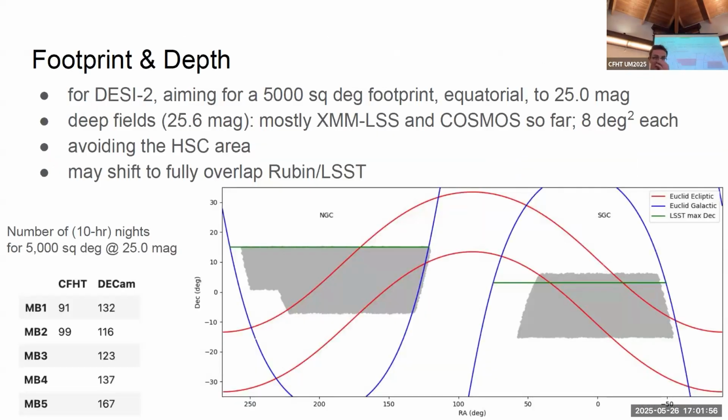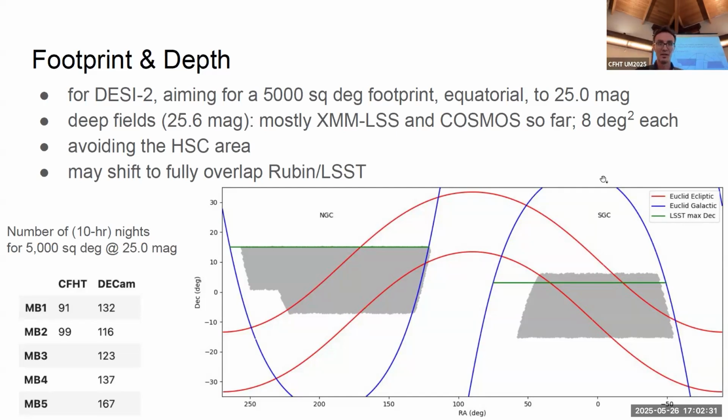Okay, so the footprint we're aiming for DESI-2 is this 5,000 square degree equatorial stripe. That's shown in gray here, and the LSST limits are shown as the green lines. We'll probably move around the footprint to fully overlap the LSST. The Euclid ecliptic exclusion zone is in the red, so we have about 50% overlap with Euclid, if I understand correctly.